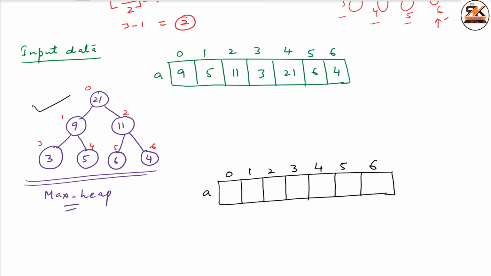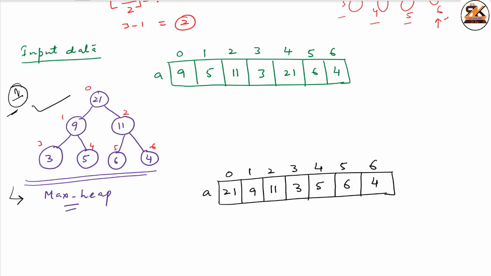So when we represent this tree in this array, 21 will come here, 9, 11, 3, 5, 6 and 4. This is the data that is representing our max heap. We have completed the first point of our algorithm, that says first we have to build the max heap. We have already built that max heap.